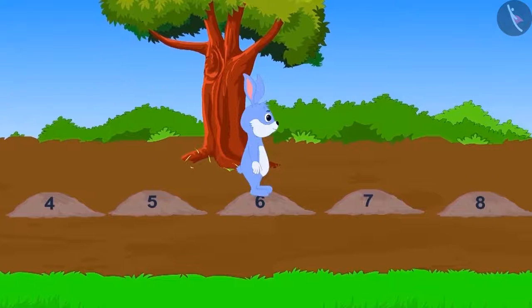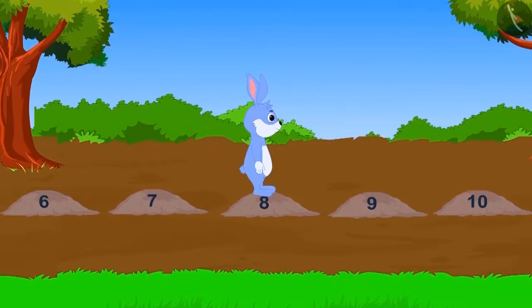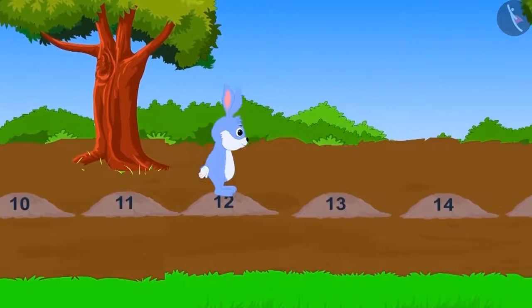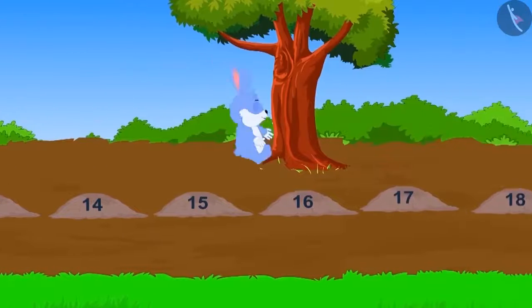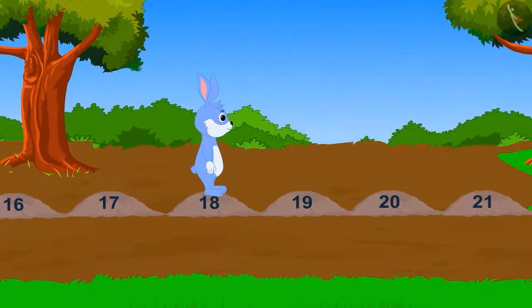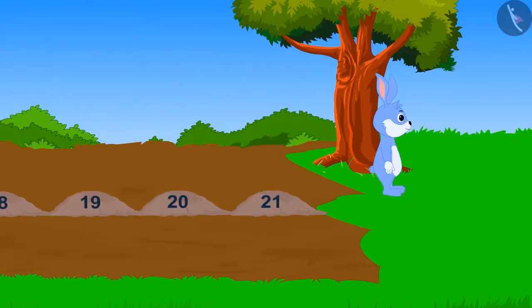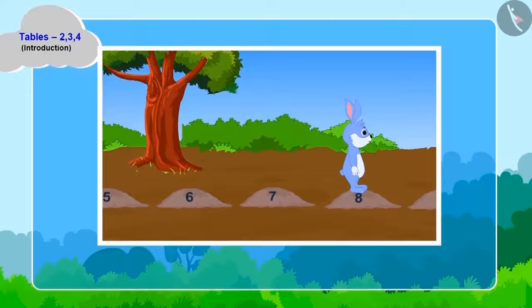In the 3rd jump, Bunny will reach on which stone 2 steps ahead? On 6th stone. This way, jump after jump, Bunny moved 2 steps ahead in every jump and in the end crossed over to the other side of the swamp from the 20th stone.